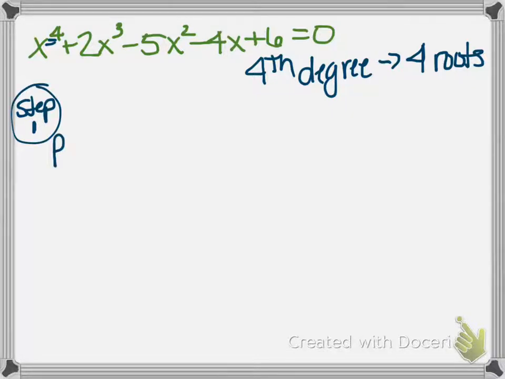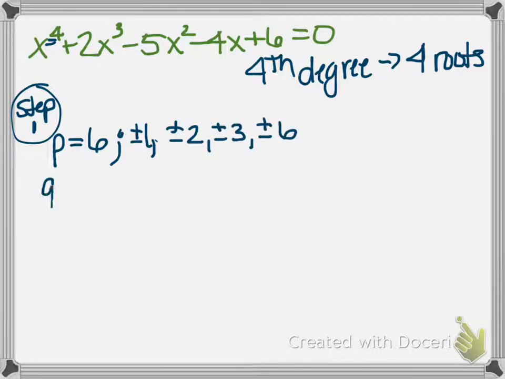So rational root theorem, P is 6. So factors of 6 are positive and negative 1, positive negative 2, positive negative 3, positive negative 6. Q is 1. So possible roots there, positive and negative 1.